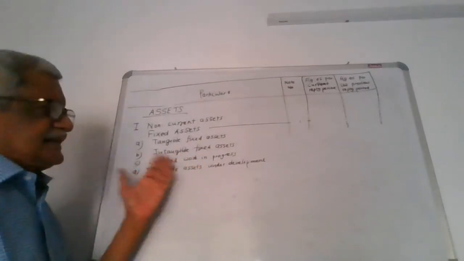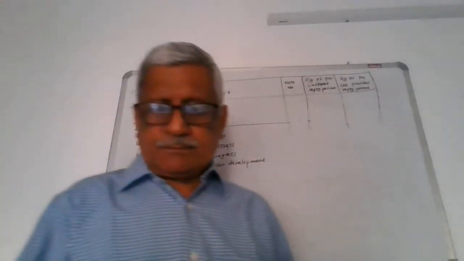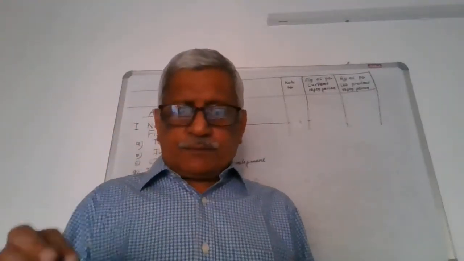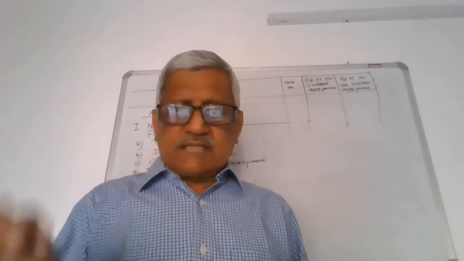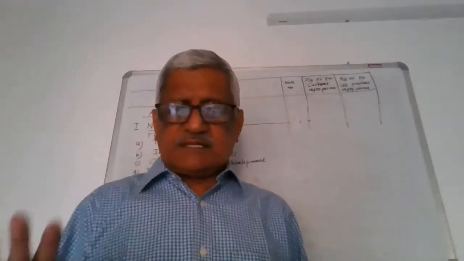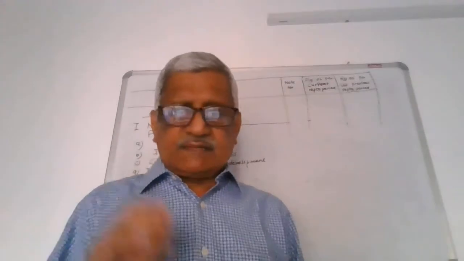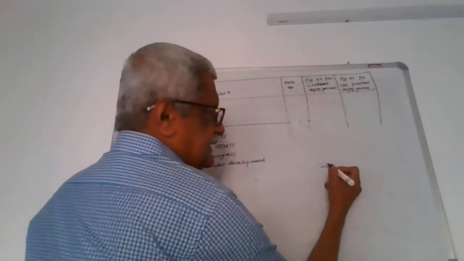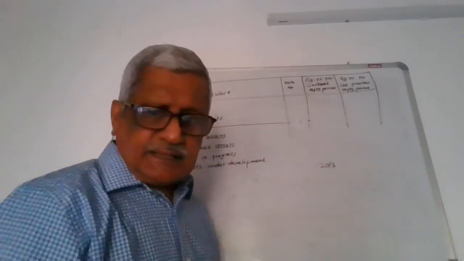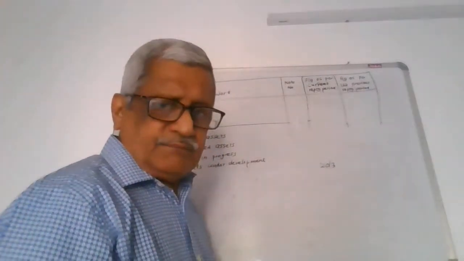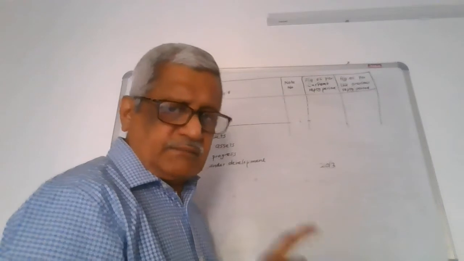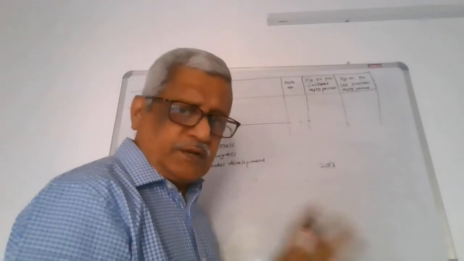The third one is the capital work in progress. Work in progress means anything which is under progress, which is not yet completed. Say for example, on 20th of March, the company started constructing a factory building, which is an addition to the existing one. The activity of the factory is going on.